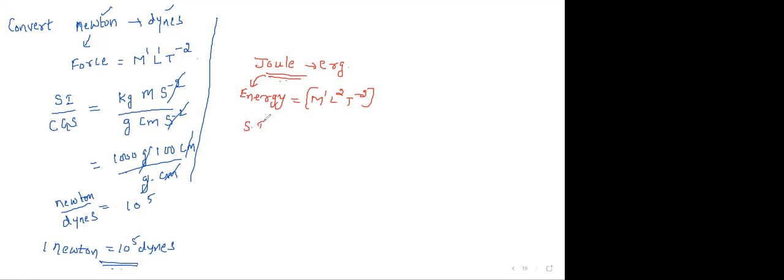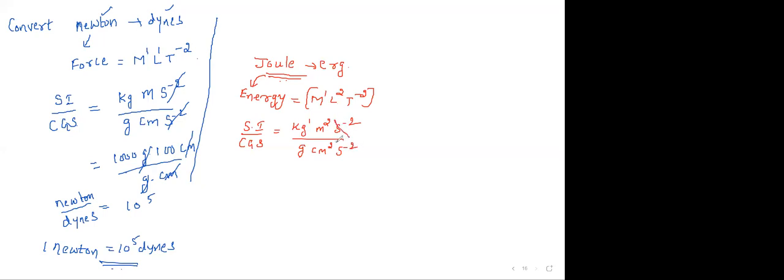Now, can you tell me what is SI divided by CGS? Mass is kg, length is meter, time is second. In CGS system, it is gram, centimeter squared, and second.